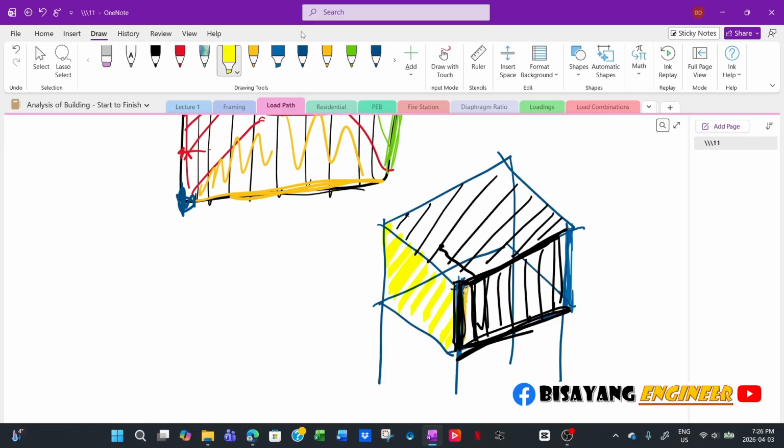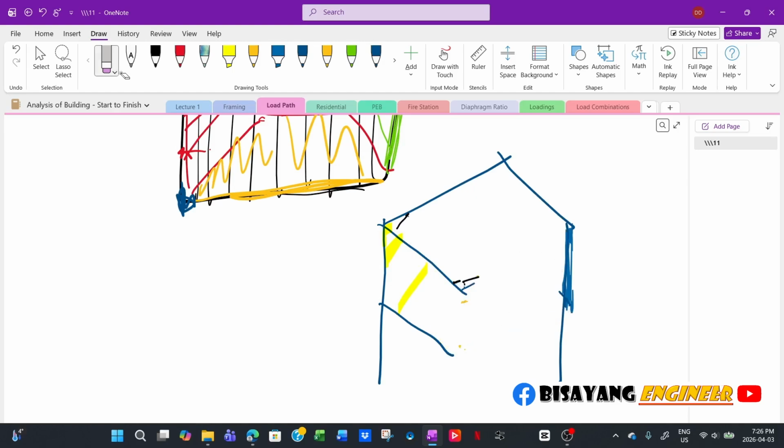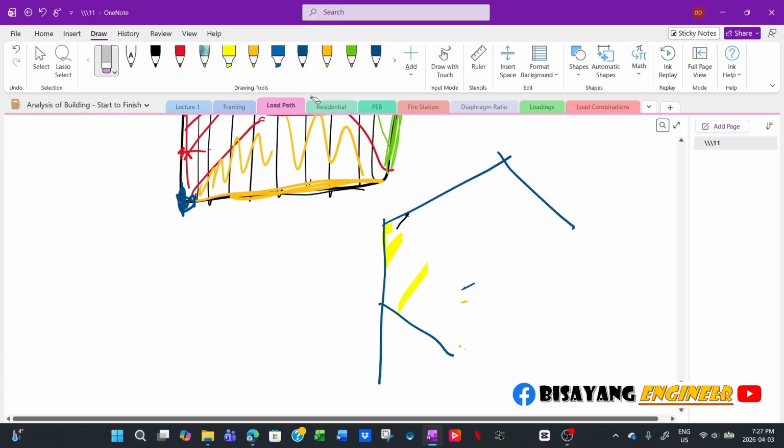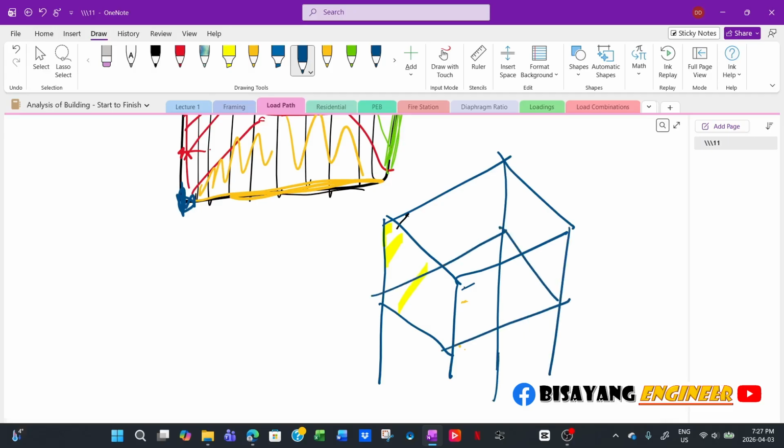For example, like I said, our common construction method back home is you have concrete frames, beams and columns.